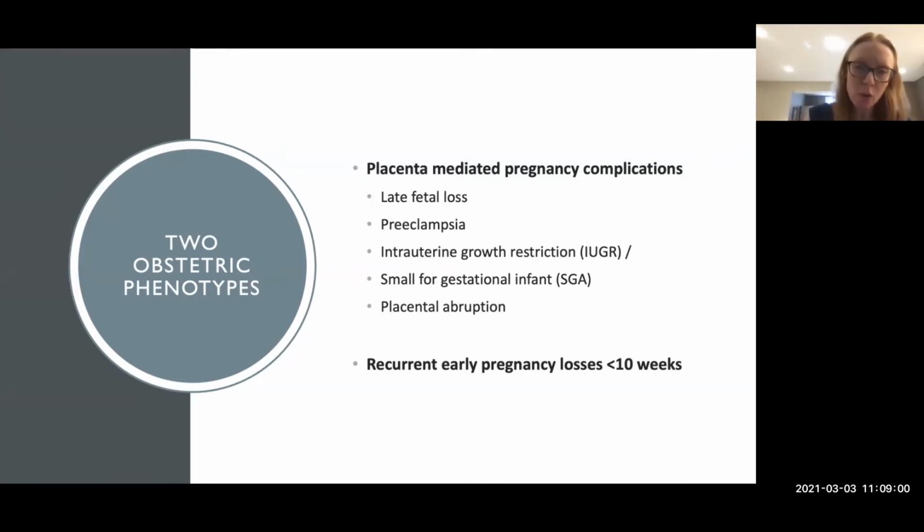The other is this category of recurrent early pregnancy losses. And while there is some mix, there do tend to be these 2 different phenotypes for patients with antiphospholipid antibodies.